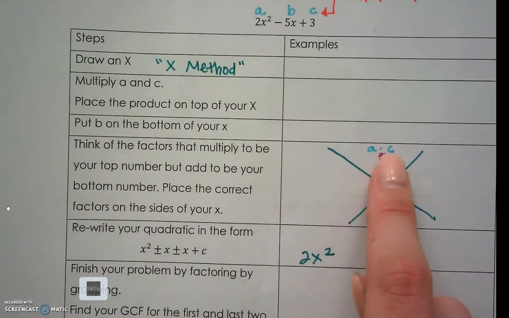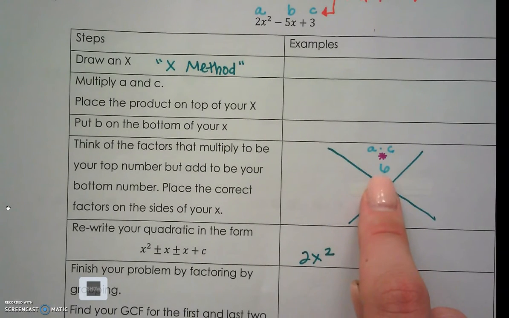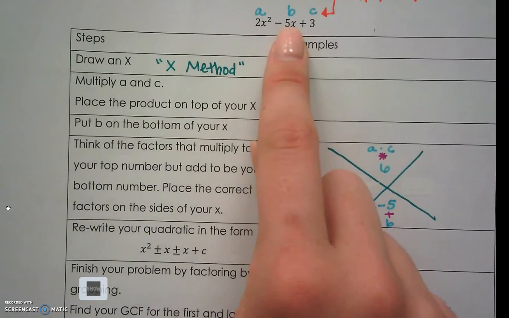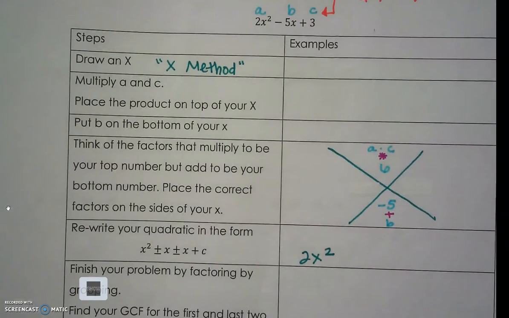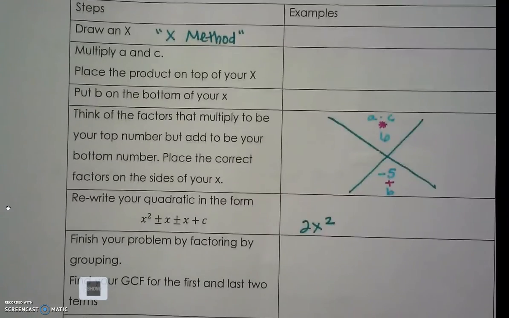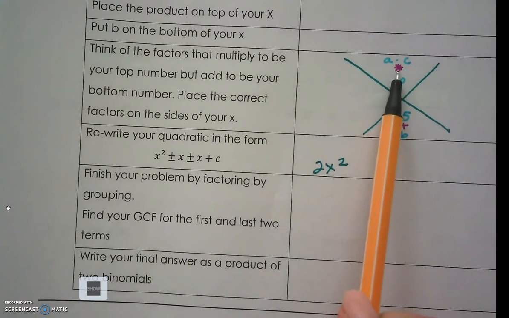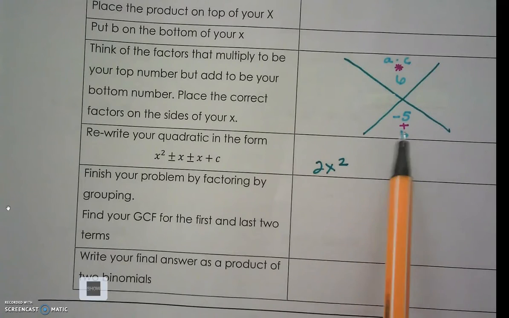So A times C gives me 6. At the bottom of our X, we're going to put this B value. That's a -5. So what I'm asking myself is, when we factor, what multiplies to be 6 but can add up to be a -5?